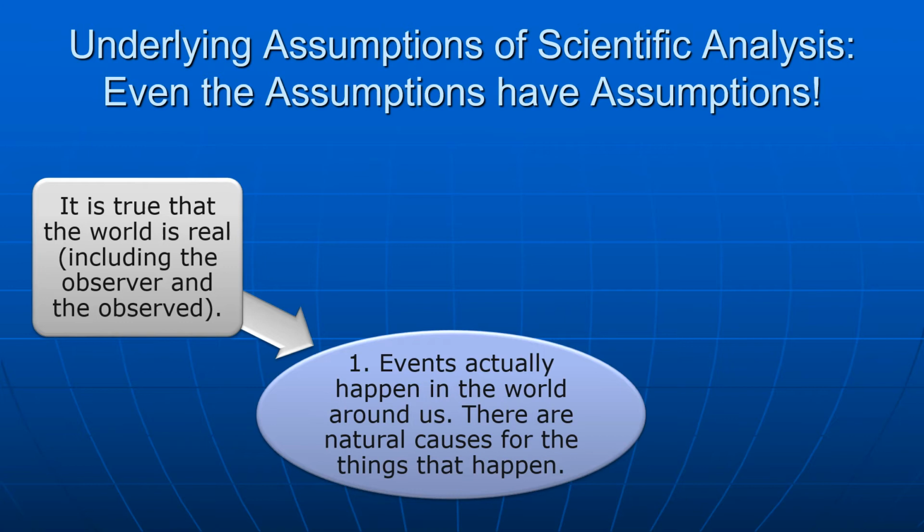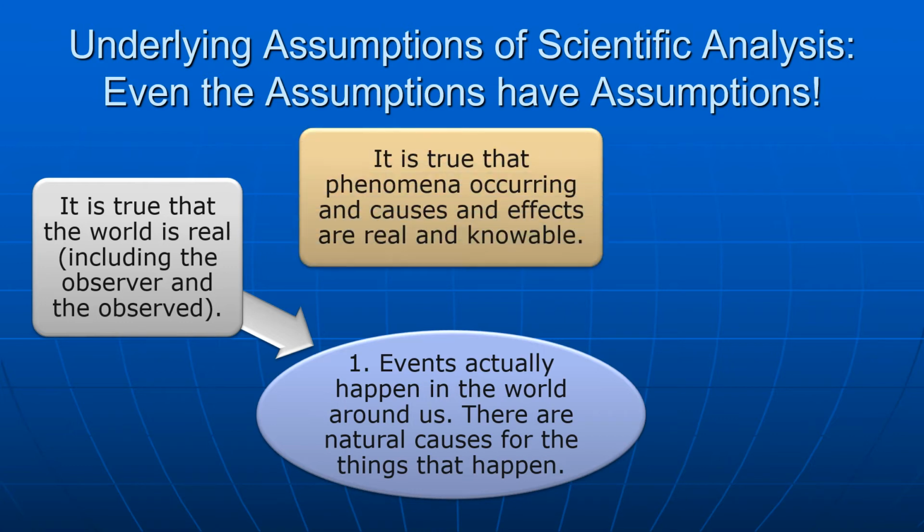If the world isn't real, if we're in a computer simulation, if I'm just a brain in a vat, then there's this whole kind of discussion about social science being completely useless. So an underlying assumption of all scientists and all social scientists and all people who actually think much is that the world actually is real. If you claim that the natural world around us is not real, then what are you doing? Why are you arguing with me?